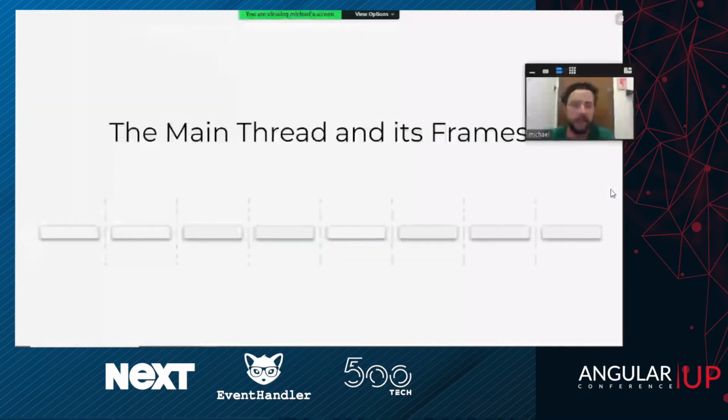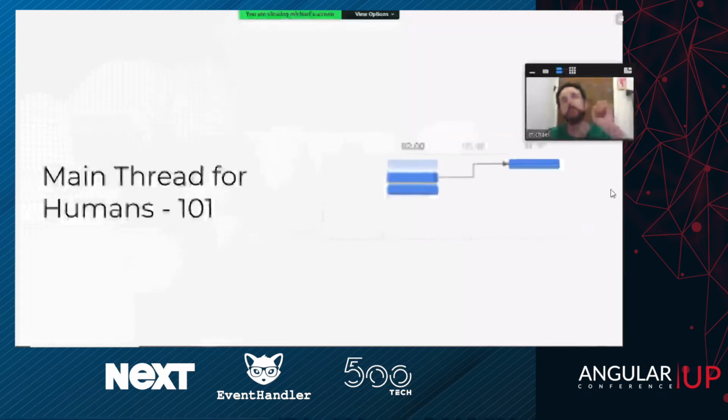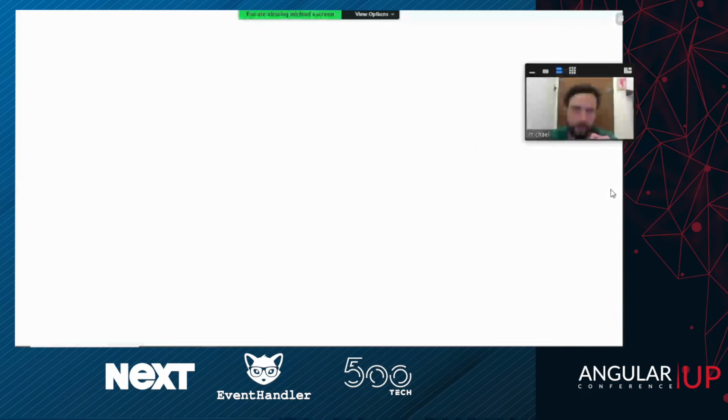The main thread and its frames is the next chapter, and here we go into a little bit more detail on what the main thread is and what a blocking task is. First of all, let's talk about tasks in the main thread.